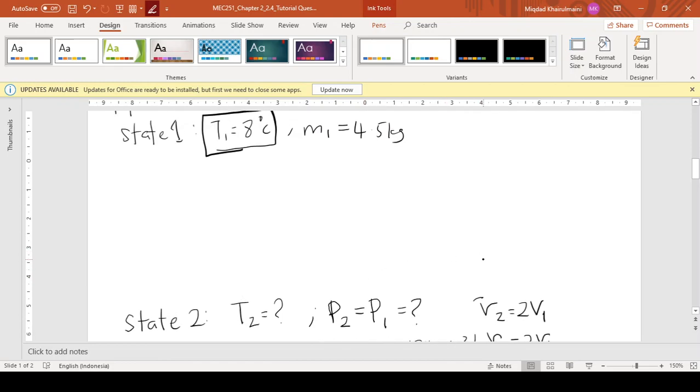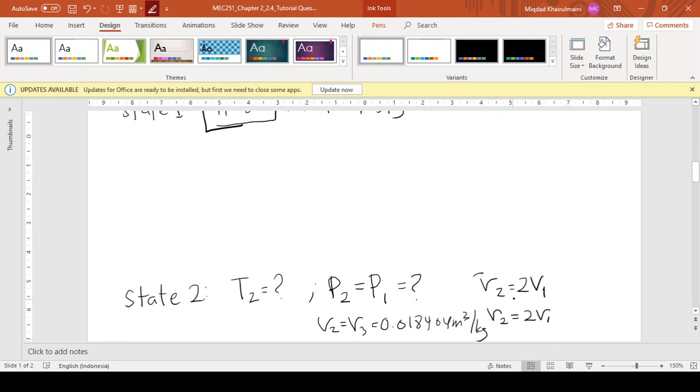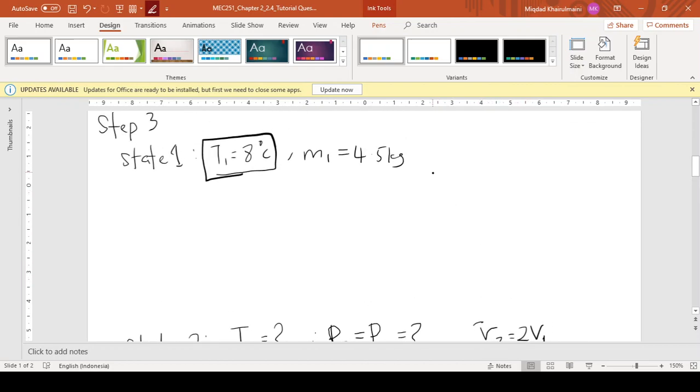From the equation, the volume at state 2 is twice the volume at state 1. We can now calculate the specific volume at state 1. Because we know that the specific volume at state 2 is twice the specific volume at state 1, the specific volume at state 1 is half the specific volume at state 2.